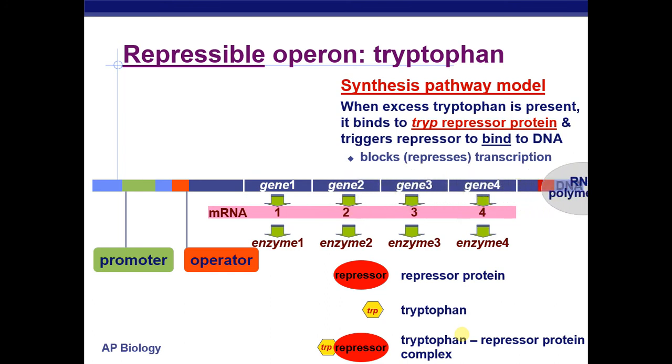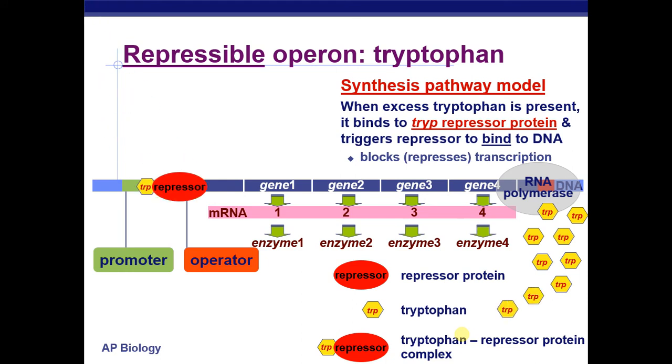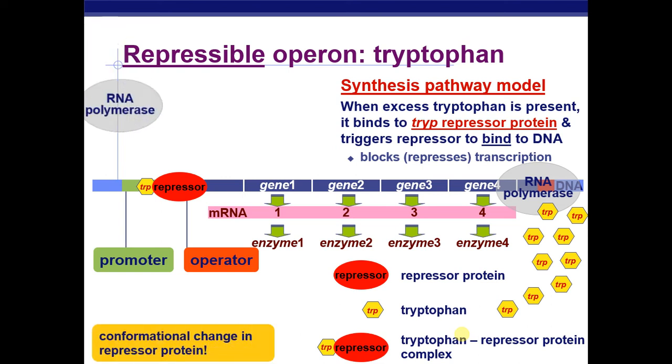A repressible operon is turned on. The repressor is inactive. When we have the stimulus of tryptophan being present, like this, now we have a bunch of tryptophan, it activates the repressor protein, which binds to the operator and prevents RNA polymerase from binding.